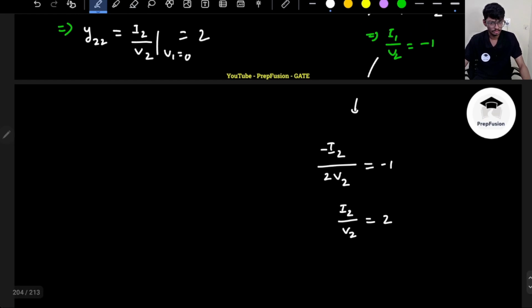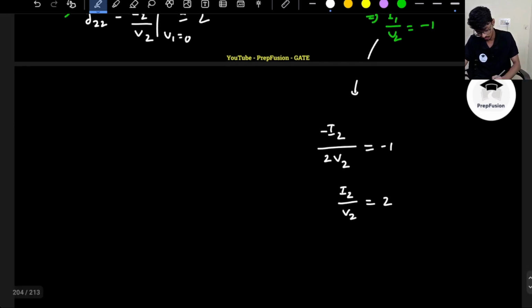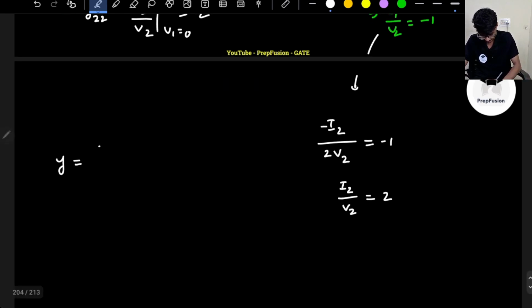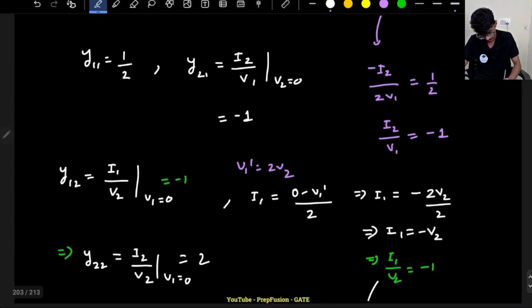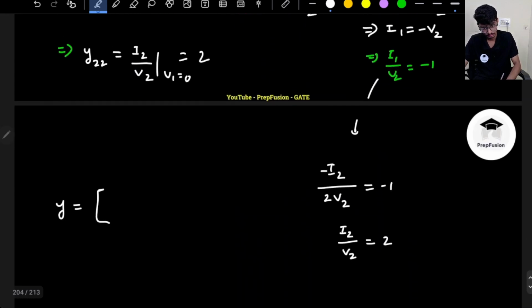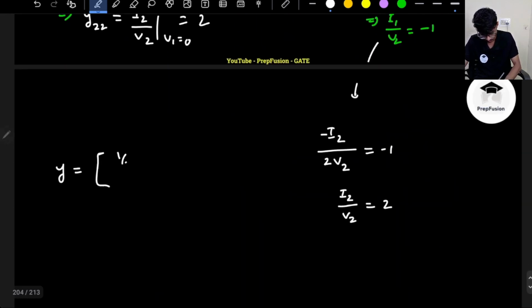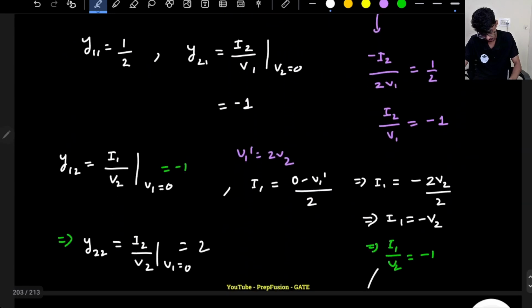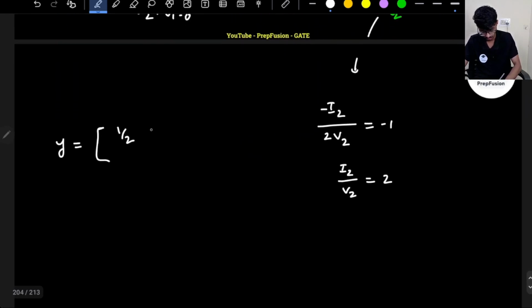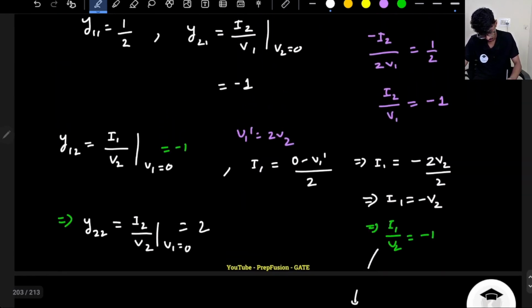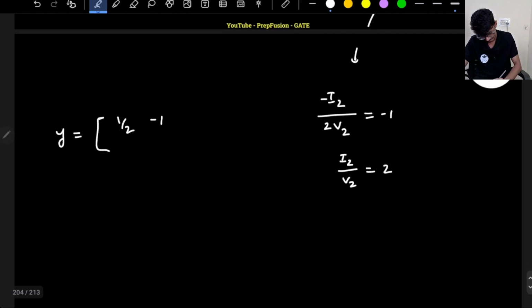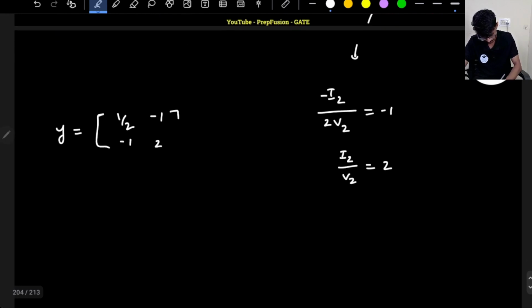Like this you can simply calculate the Y parameters. So what will be the Y parameters? Y11 will be half. Y12 will be minus 1. Y21 also will be minus 1, and y22 will be half.